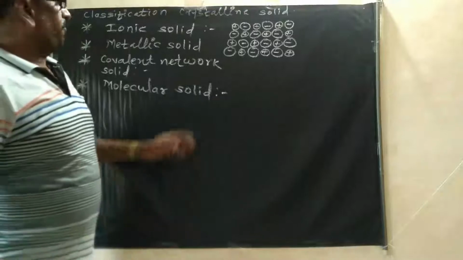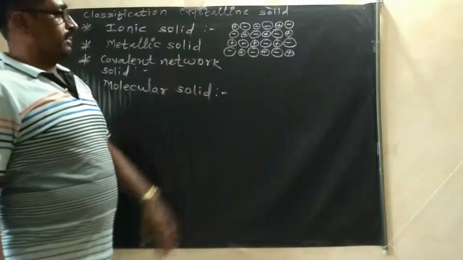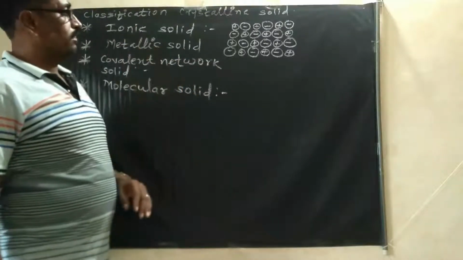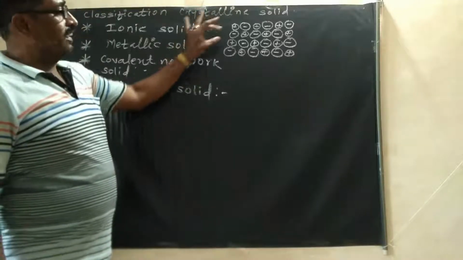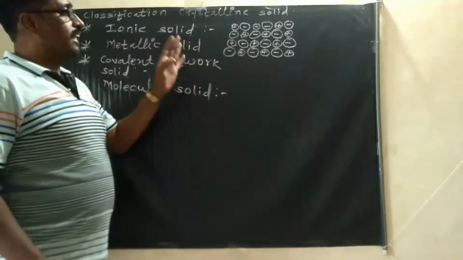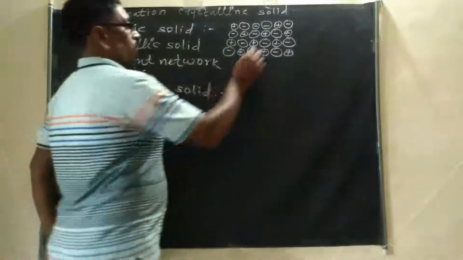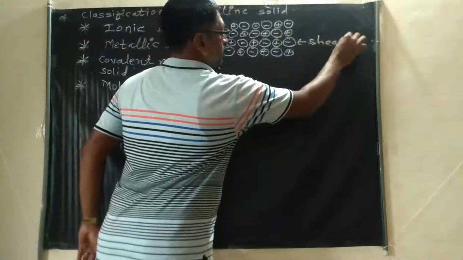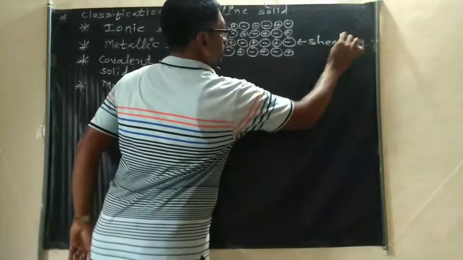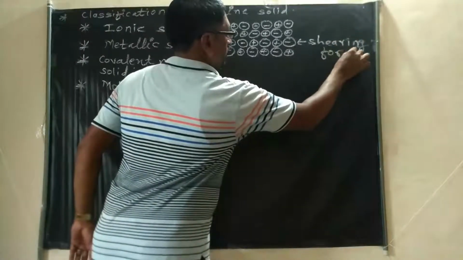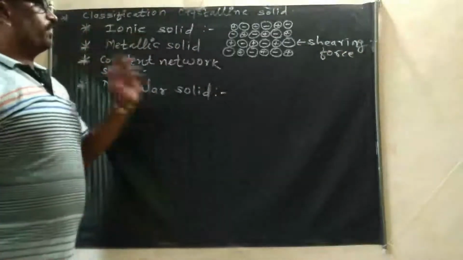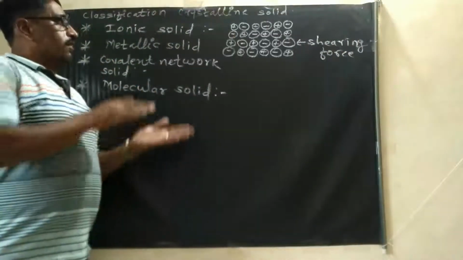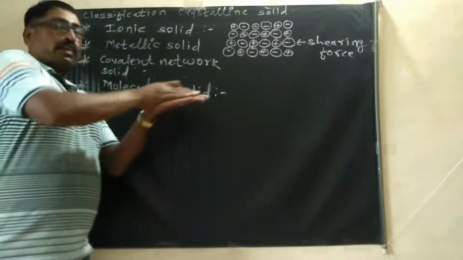If we see the properties of ionic solids, there are different layers present. If a shearing force is applied to an ionic solid, then one layer slides over another layer.